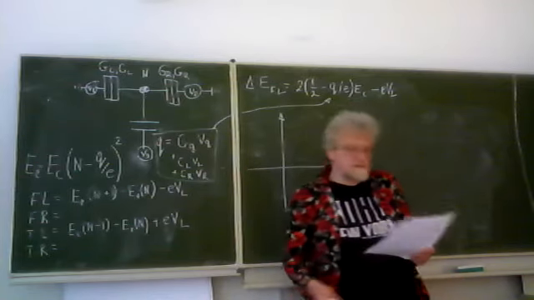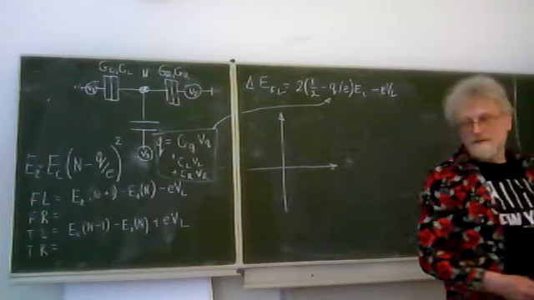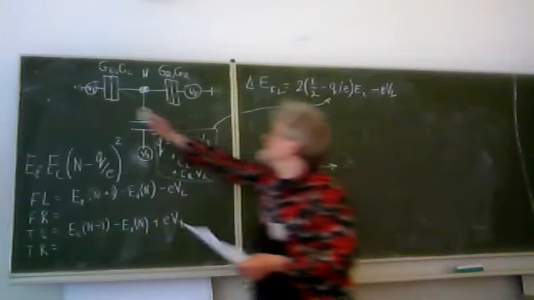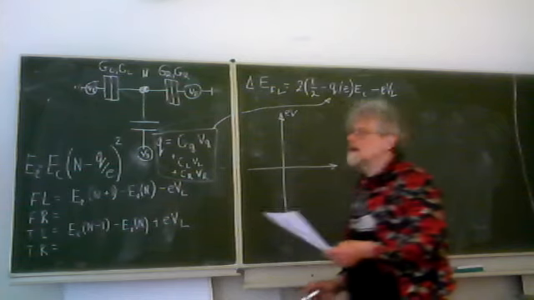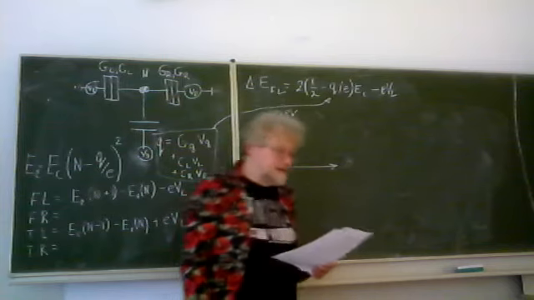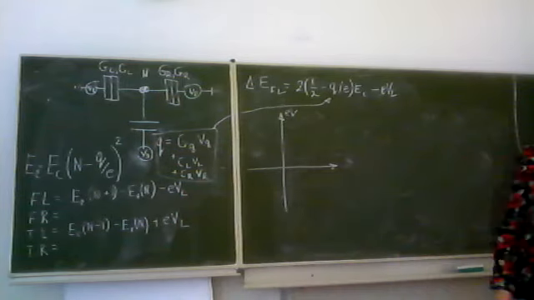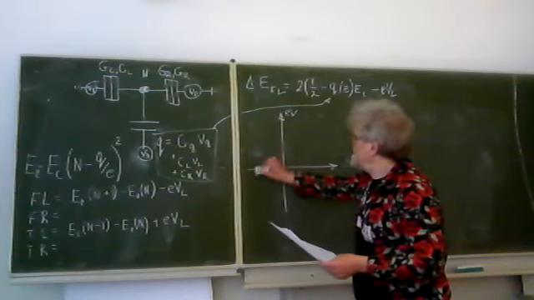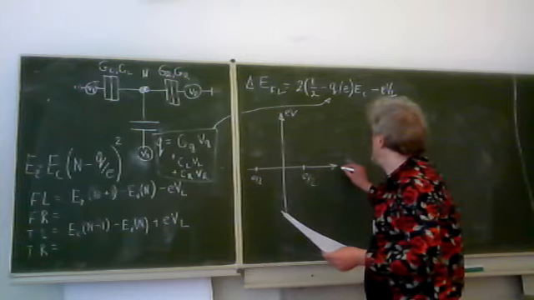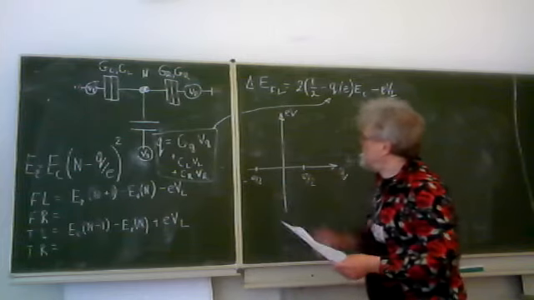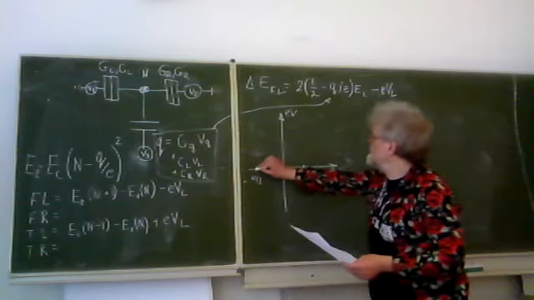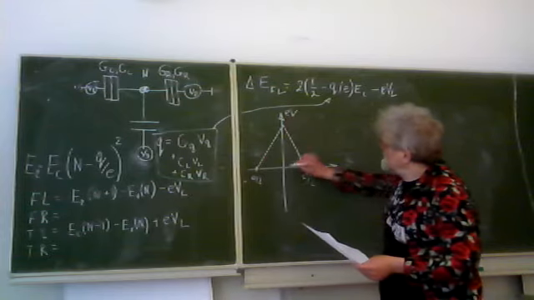In the lecture, we derived it for anti-symmetric biasing and for equal capacitances CL and CR. So the Coulomb blockade diamond as a function of Q was symmetric.